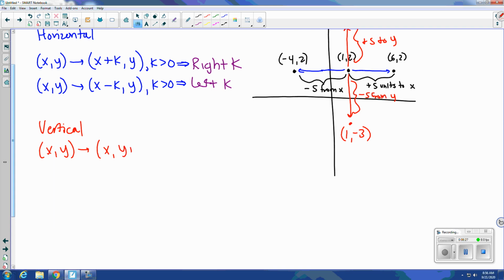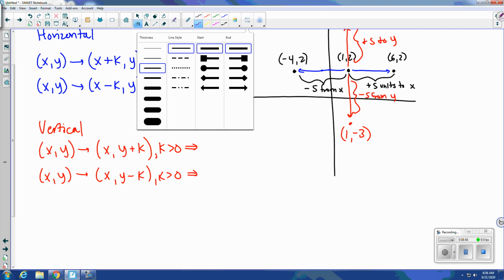Okay, so to make some abstract rules, if I want to shift or slide vertically, we're going to add and subtract values, positive values, from the y coordinate. So if I add some number k, again, where k is a positive number, that will do something. And if I subtract k, where k is a positive number, that will also move it. Now, how does it move?